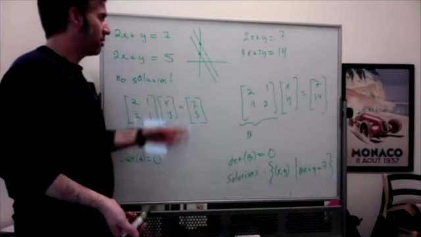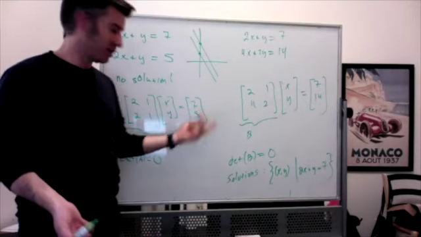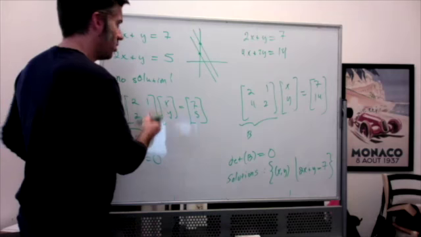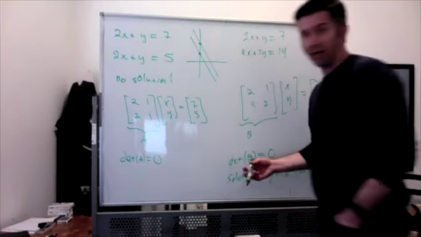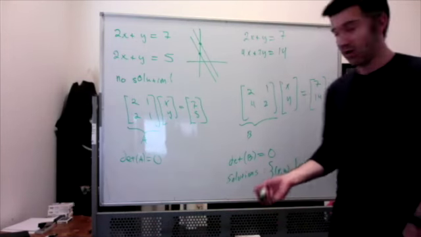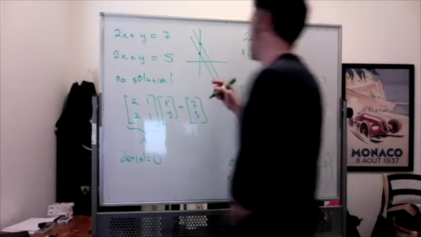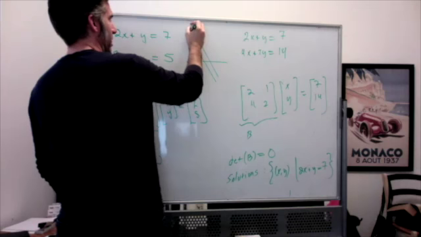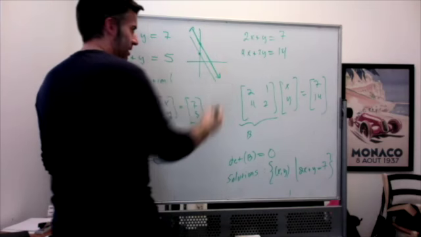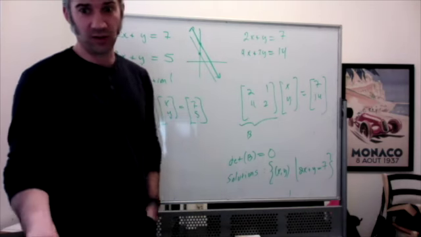If you have two lines that are parallel, then you're either going to have no intersections, no solutions, or you're going to have the lines being the same line, and every point on the line is a solution.